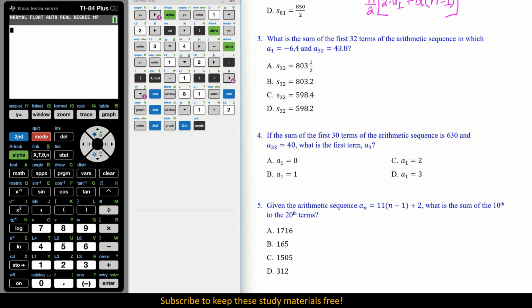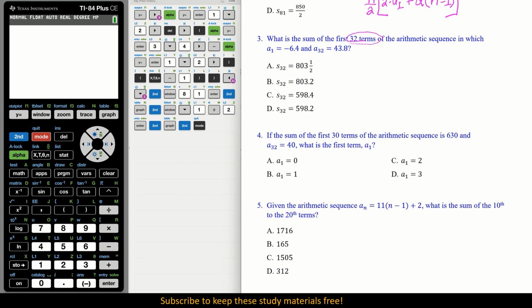Read number 3. What is the sum of the first 32 terms of the arithmetic sequence in which a sub 1 is negative 6.4 and a sub 32 equals 43.8. Okay, let's do this. Uh-oh. We're going to do it, but we do not have a d.